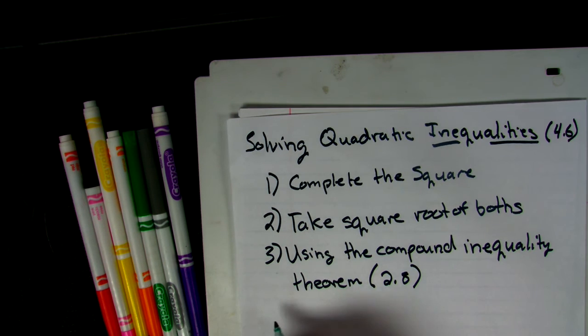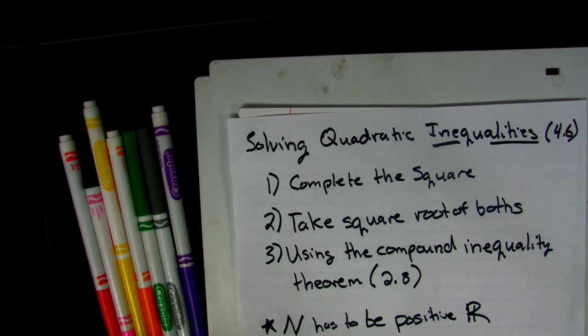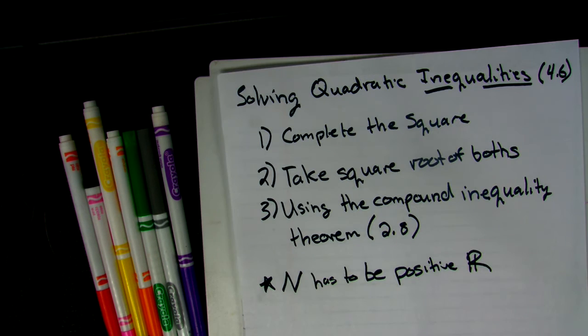First of all, on the compound inequality theorem, we need to note that n has to be a positive real number in all of these cases. So if n is a positive real number, then this is how the compound inequality theorem works.